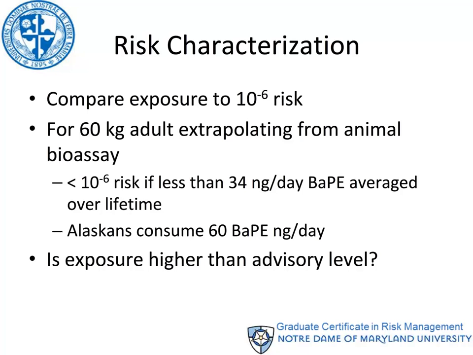Alaskans consume 60 benzopyrene nanograms per day. So the next question is, is this exposure higher than the advisory level? Is 60 bigger than 34? One would certainly think so, but in risk assessment you can never be sure.